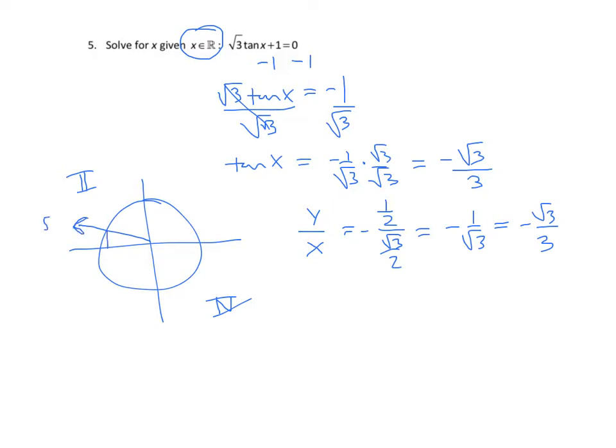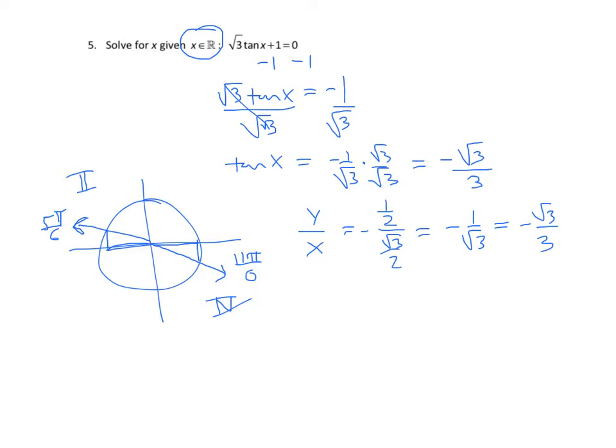So at 5 pi over 6, we have an x of negative radical 3 over 2, a y of 1/2, and also 11 pi over 6. We have an x of positive radical 3 over 2, a y of negative 1/2. So those are the two places from 0 to 2 pi that give us a tangent value of negative root 3 over 3.